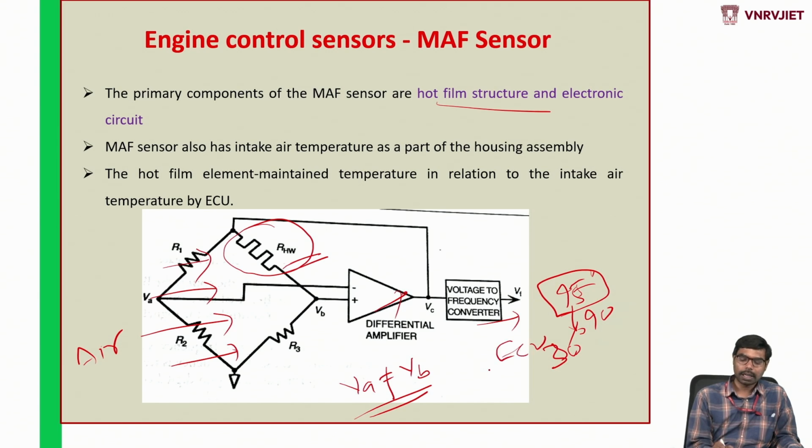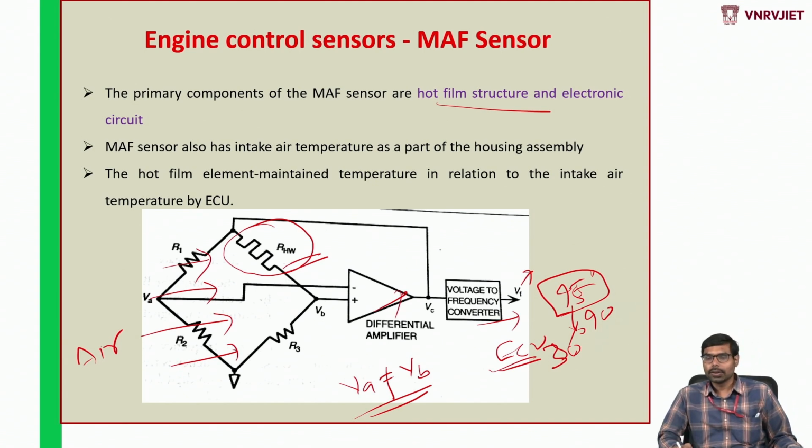If there is a large volume flow rate, then V1 will be very high, and that is communicated to the ECU. If the volume flow rate of air is very low, then the temperature drop is very low, so the voltage signal V1 as an output after the amplifier goes to the ECU, and the ECU will understand that there is a low load condition.